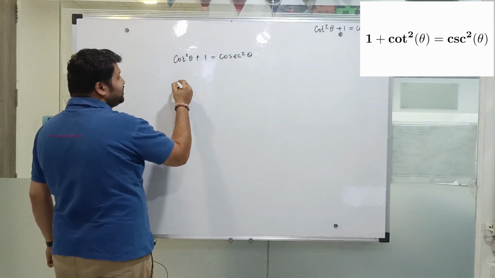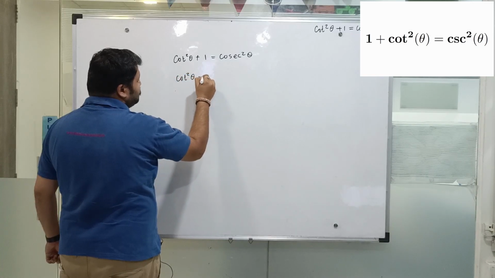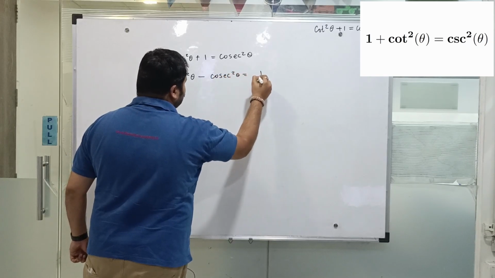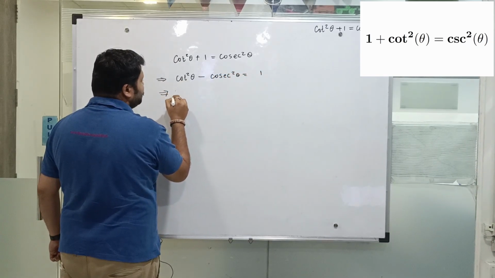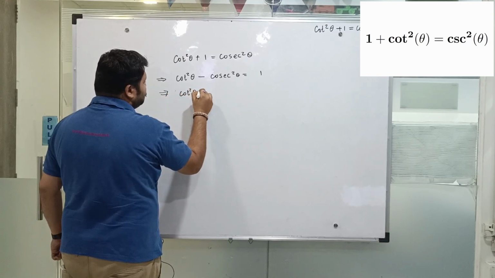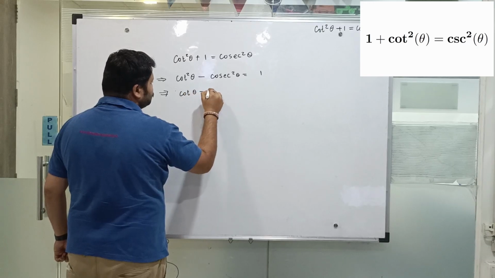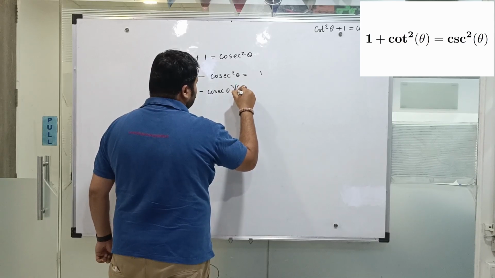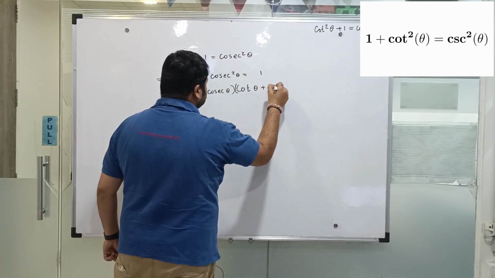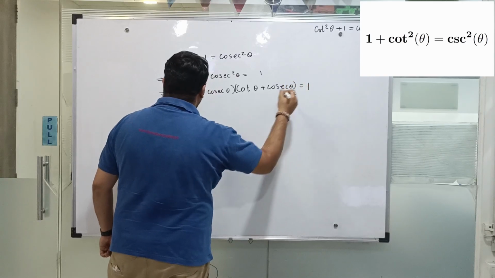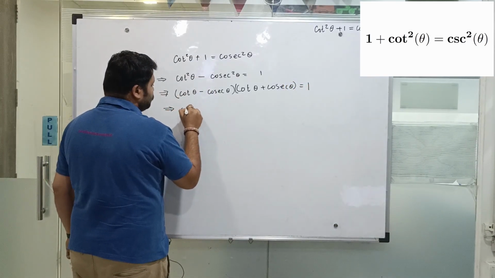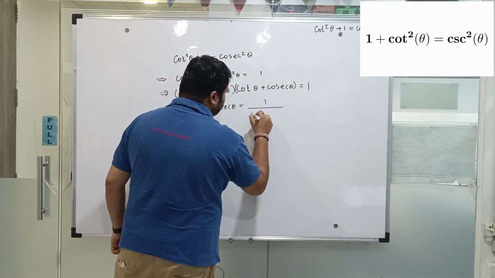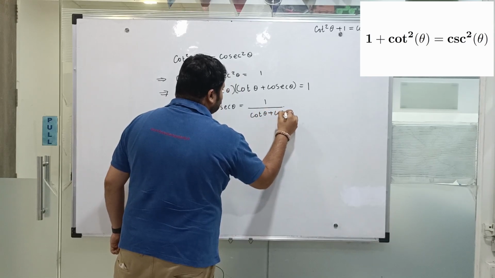I can also write it as cosec square theta minus cot square theta is equal to 1, or I can also write it as cosec theta minus cot theta times cosec theta plus cot theta is equal to 1, or we can also write cosec theta minus cot theta is equal to 1 upon cosec theta plus cot theta.